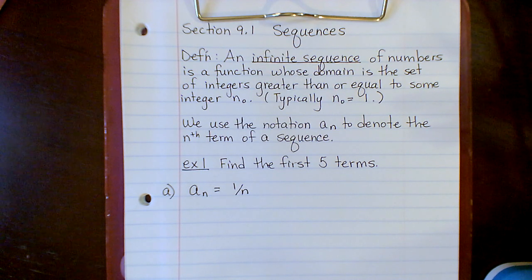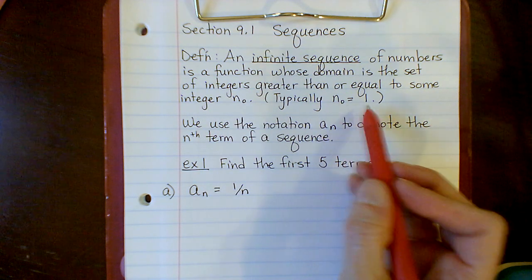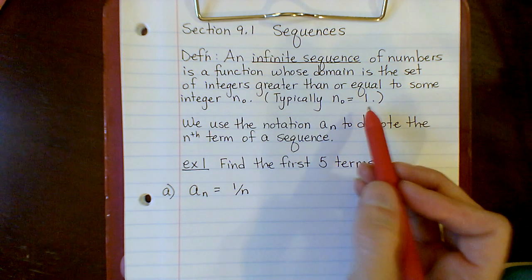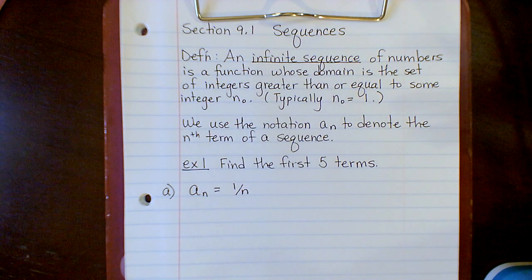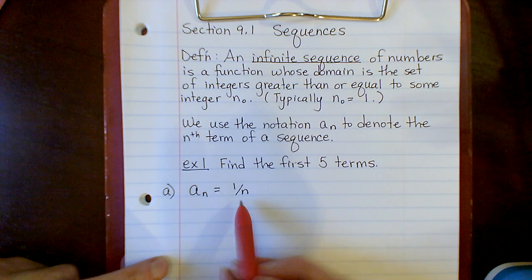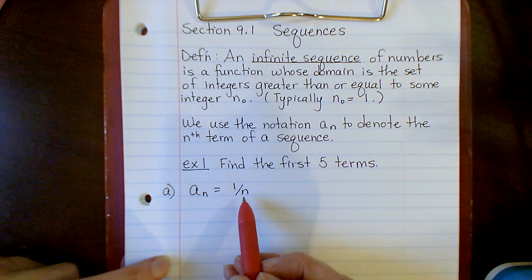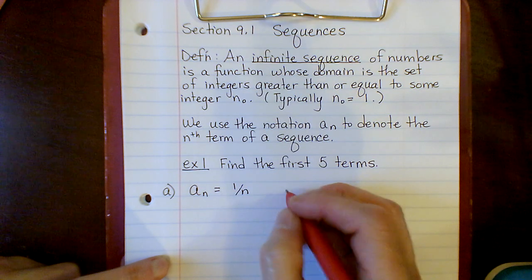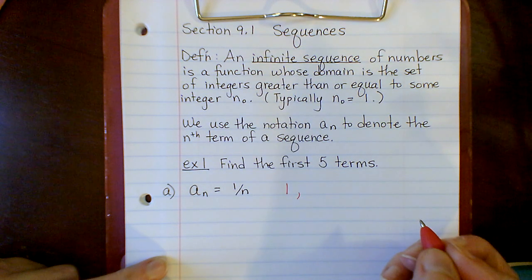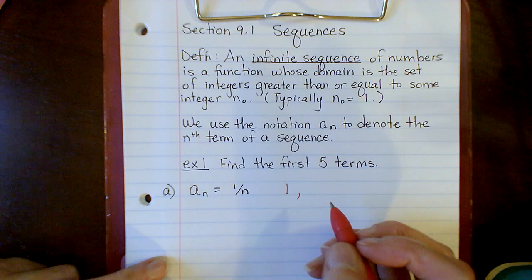Unless you're told otherwise, you should assume that your n sub 0, your starting value here, is going to be 1. So that means my first term is going to come from plugging in 1 for n. So my first term would just be 1 over 1. My second term would come from plugging in 2 for n.